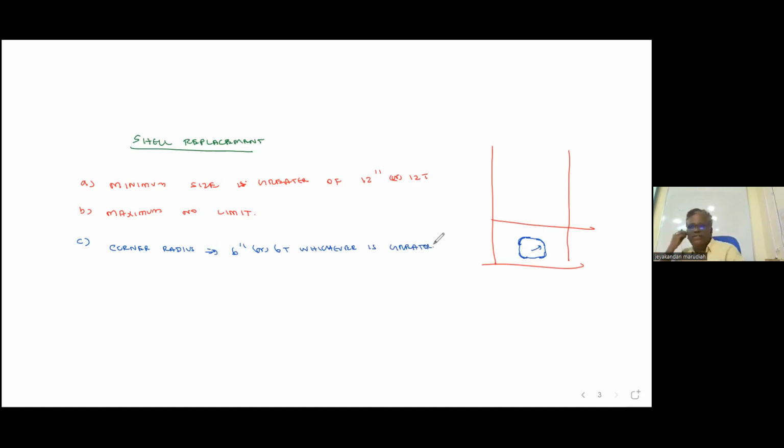Now, what is the next point? First understand this, no need to write. Suppose you want to make a replacement fit along with a horizontal weld. This is the horizontal weld. What the code says is you have to cut the horizontal weld like this. How much area to cut? From the joint, 12" this side, 12" this side.